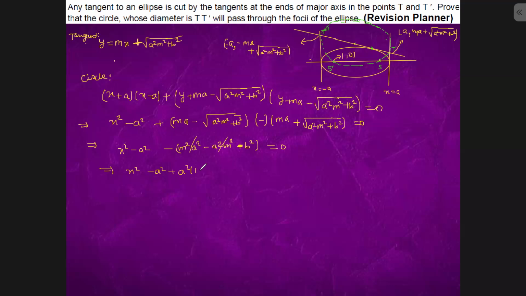B square is a square into 1 minus e square. So this one will get cancelled. X square equals to a square e square. So x is what? Plus minus ae. So this is the point of focus. Hence proved.